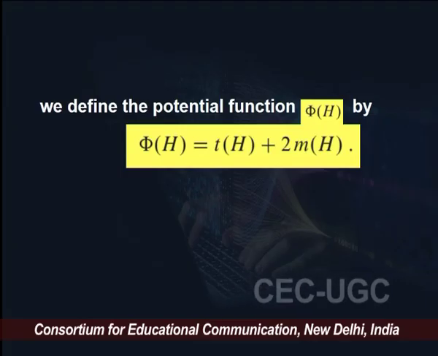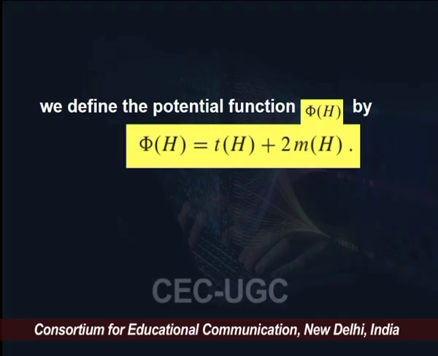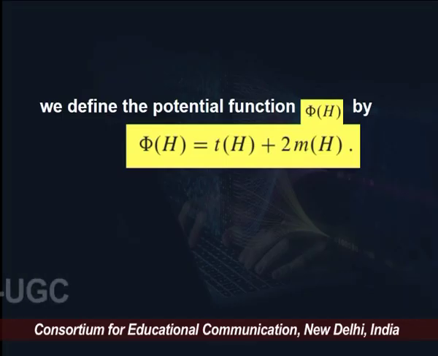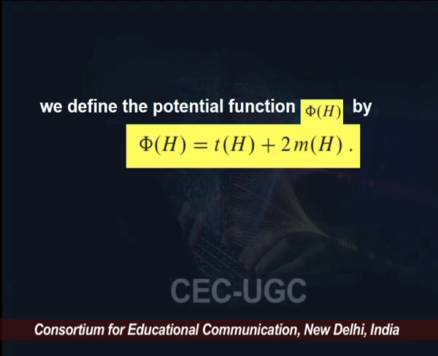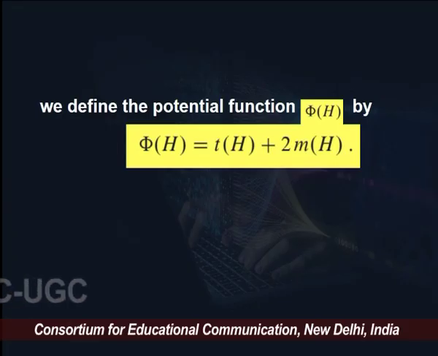We need to define our potential function for the purpose of amortized analysis, and this potential function is denoted by phi of H, as you can see on the screen. This phi of H is defined as T of H plus 2 times M of H. So whatever is the number of trees in the root list of this heap H, plus 2 multiplied by the number of marked nodes.